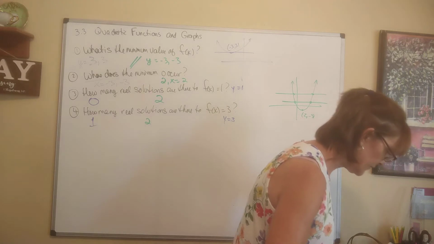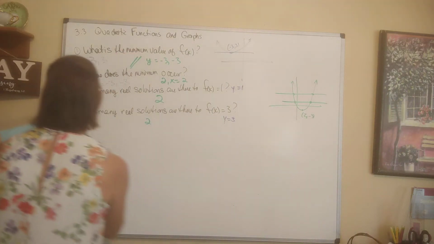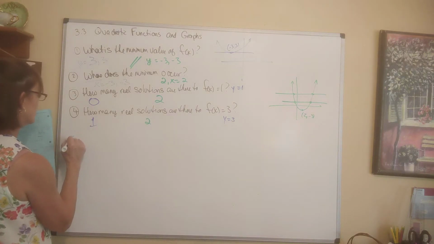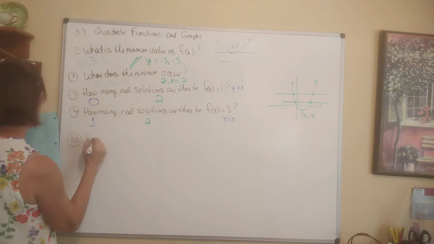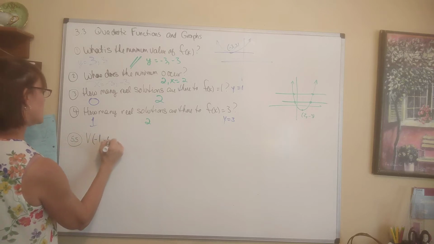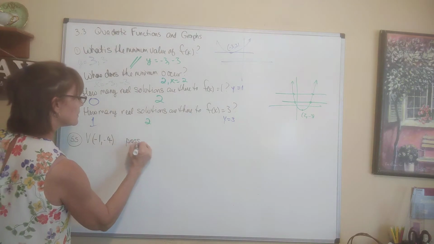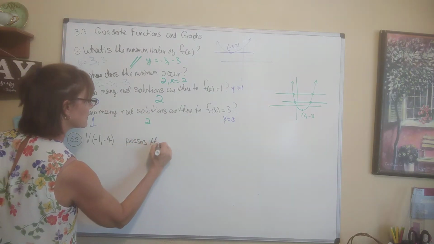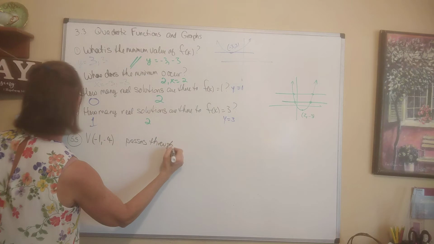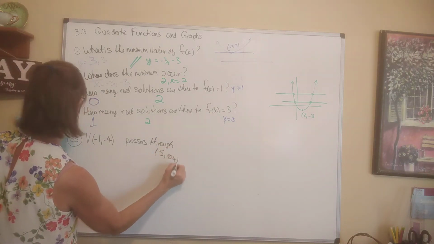So 55 tells us the vertex is at the point -1, -4, and it passes through the point 5, 104. Okay.